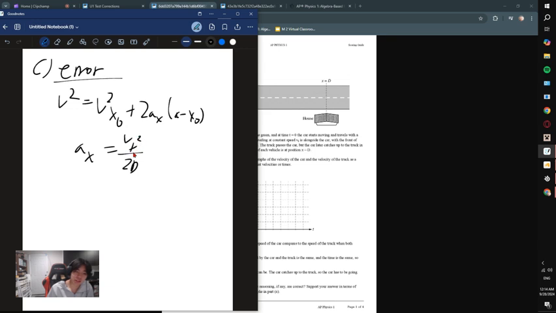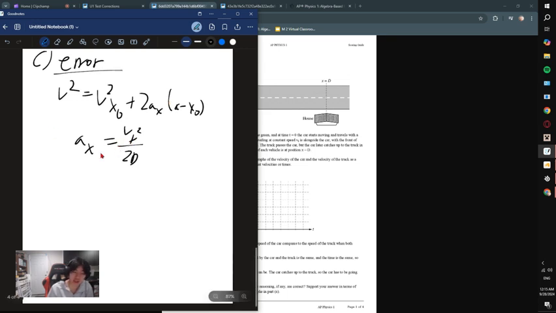I did not recognize that v of t is equal to 2vt, or that velocity with respect to time is equal to 2 times the velocity of the truck. So I just left it in this form, and that is not very correct. So that's why I got it wrong. I was really close, but I got it wrong regardless. I at least got some points.